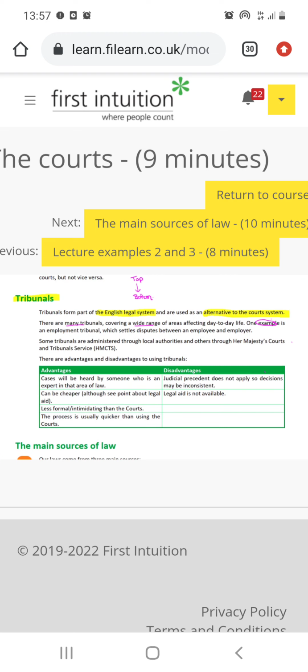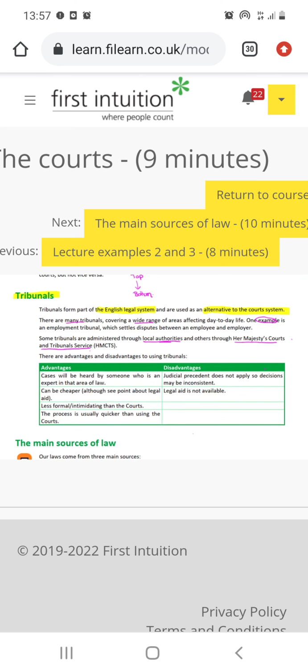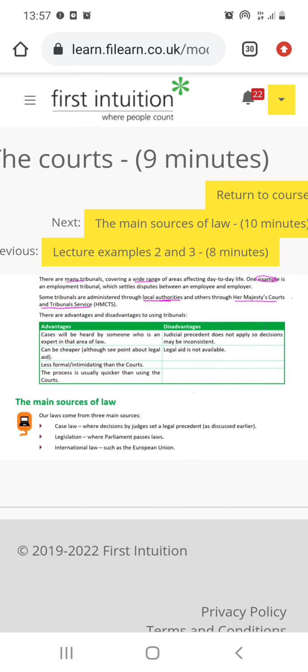So some are administered through local authorities and others are managed through Her Majesty's Courts and Tribunals Service, which is known as HMCTS. Let's have a look at a few advantages of tribunals and a few drawbacks, disadvantages of tribunals.